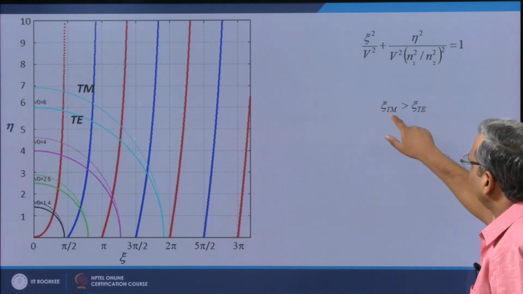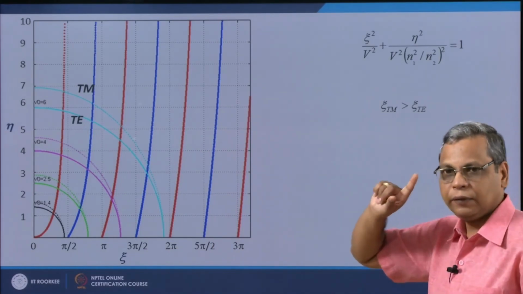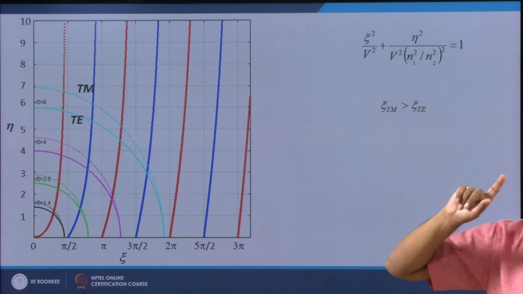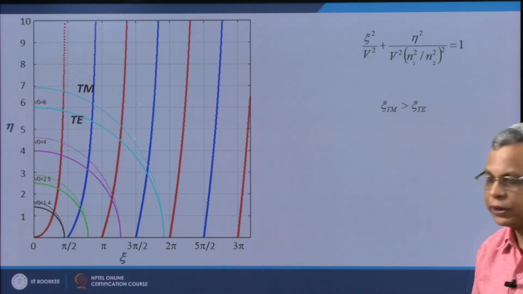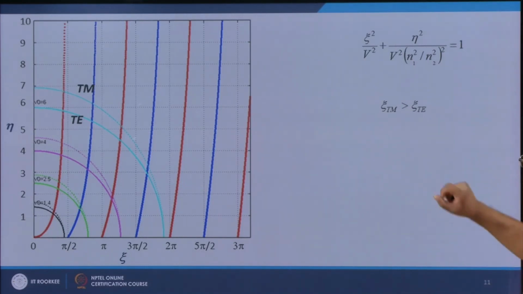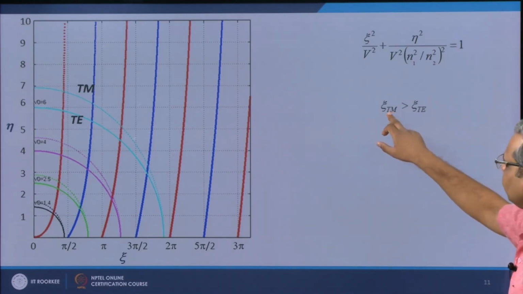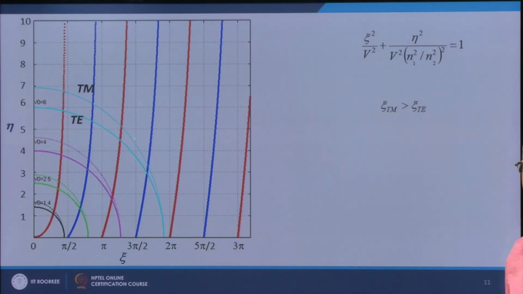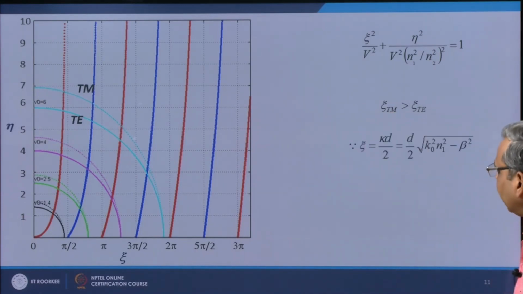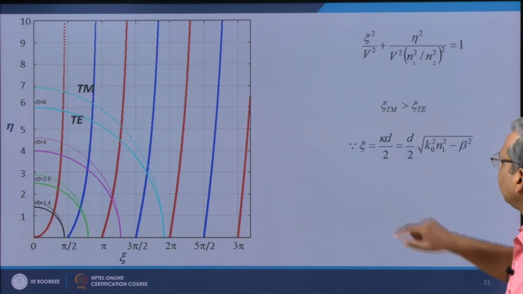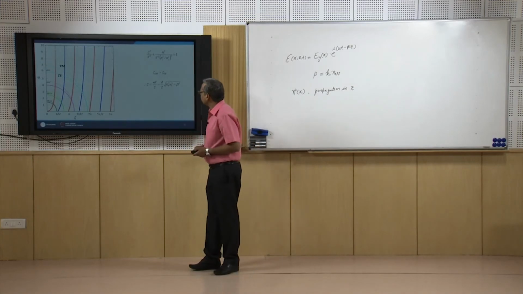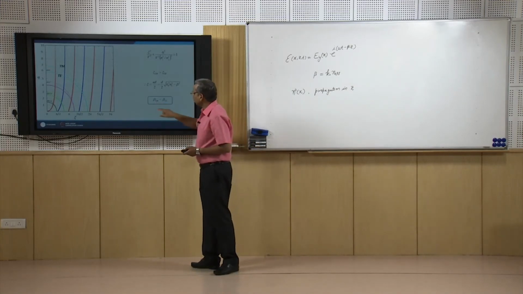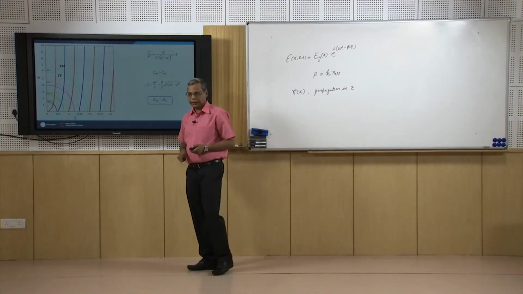So, for a given mode, whether it is m is equal to 0 or m is equal to 1 or m is equal to 2, xi for the TM mode is always greater than xi for the TE mode. And since xi is equal to kappa d by 2, which is d by 2 times the square root of k naught square n1 square minus beta square, beta for TM is always less than beta for TE.